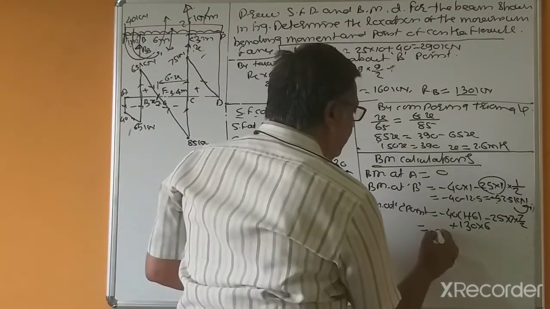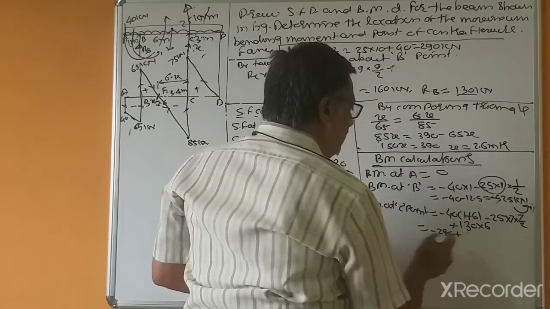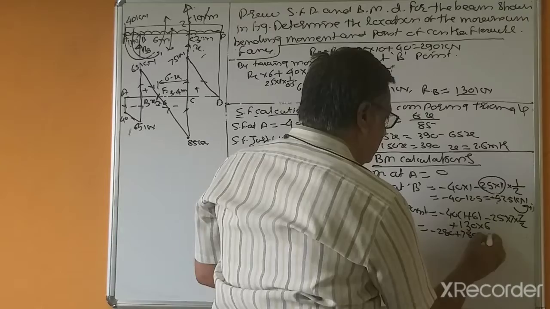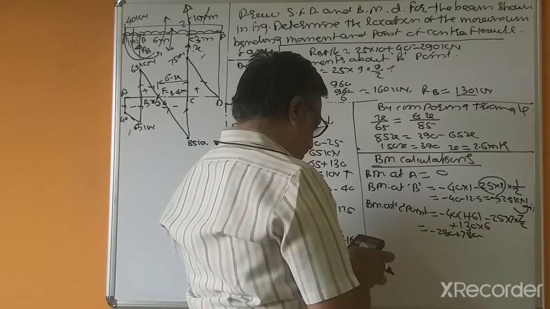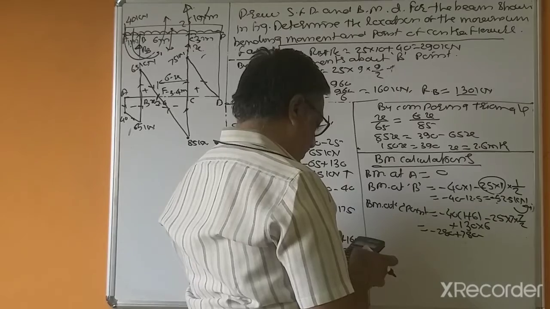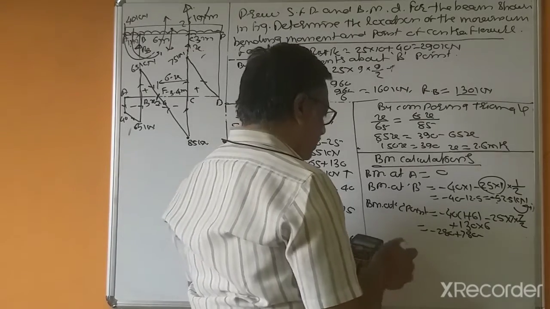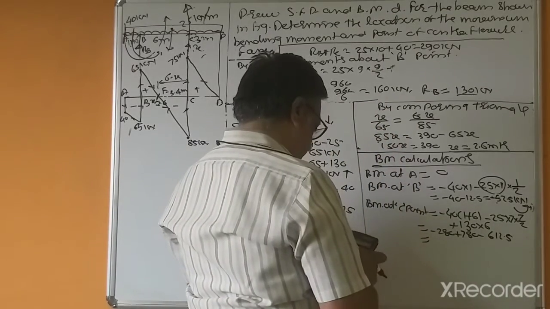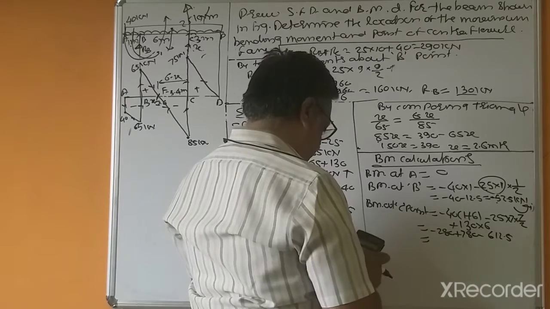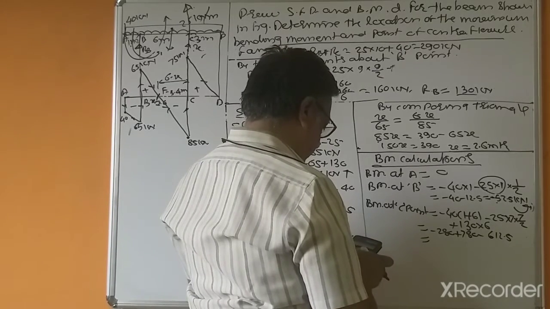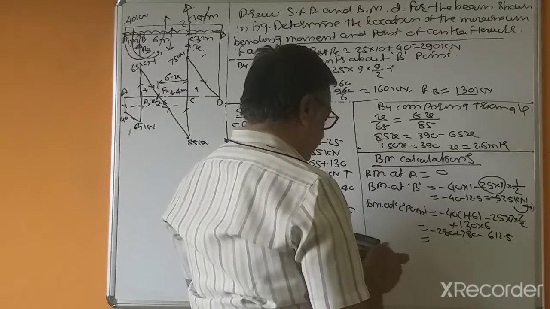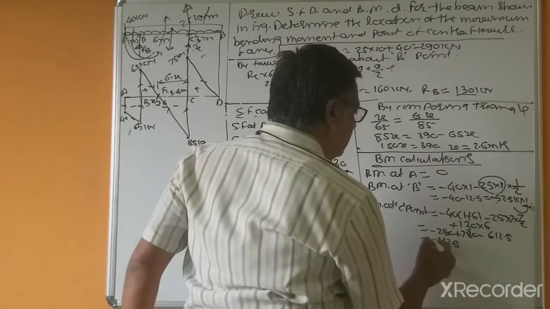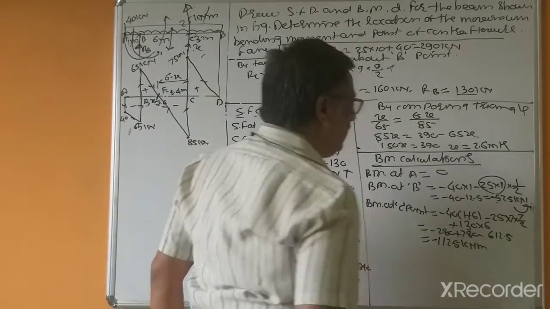This is minus 280 plus 130 into 6, 780, minus 25 into 49 divided by 2, 612.5, plus 280 minus 780. That is 112.5, so I think this is negative, kilonewton meter.